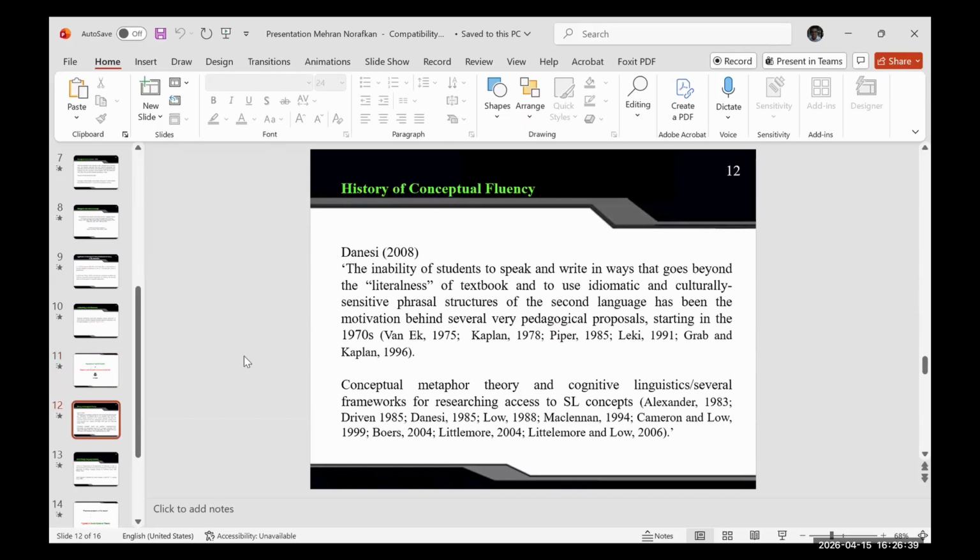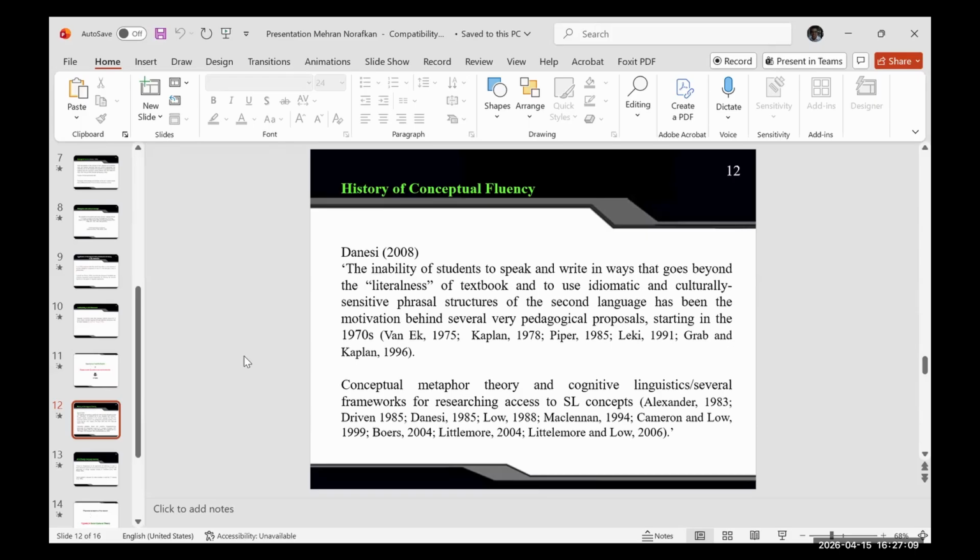For the history of conceptual fluency, Danesi says the inability of students to speak and write in ways that go beyond the literalness of the textbook and to use idiomatic and culturally sensitive phrasal structures of the second language has been the motivation behind several pedagogical proposals starting in the 1970s.